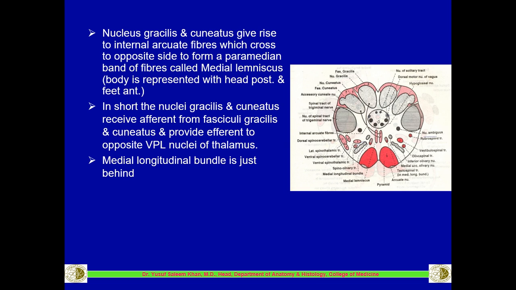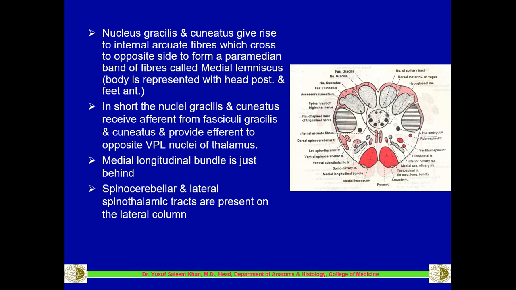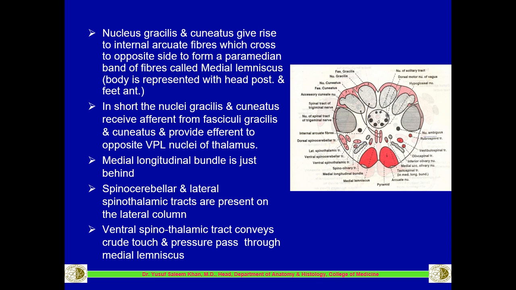So the medial longitudinal bundle is just behind. You can also appreciate the medial longitudinal bundle, which is just behind here. The spinocerebellar as well as lateral spinothalamic tracts are present in the lateral column. If you can appreciate, the spinothalamic as well as the spinocerebellar tracts are on the lateral side, on each side of the inferior olivary nucleus.